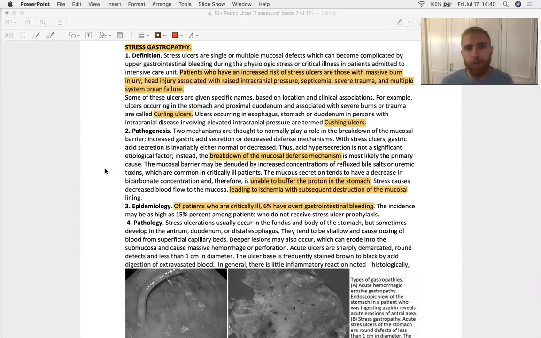And the reason it's going to be occult blood, meaning invisible, hidden, not seen blood in the stool, rather than bright red hemorrhagic blood, is because it's an upper GI bleed, and because stomach acid denatures hemoglobin and plays with that iron that's in the middle of the heme ring, and it's going to oxidize that iron.